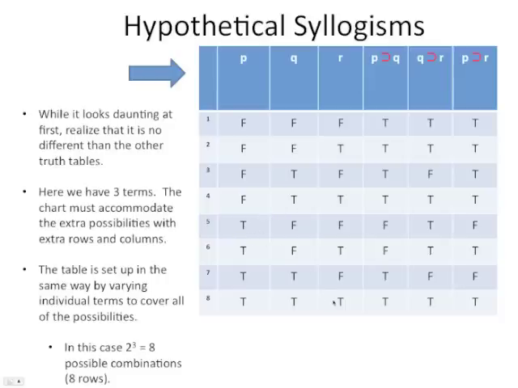We're just simply shifting the truth possibility for each one of the terms until finally we work our way from the triple F to the triple T. So false, false, false, bringing down to row 8 where we have true, true, true. All right, so there's what our hypothetical syllogism looks like translated into our truth table.